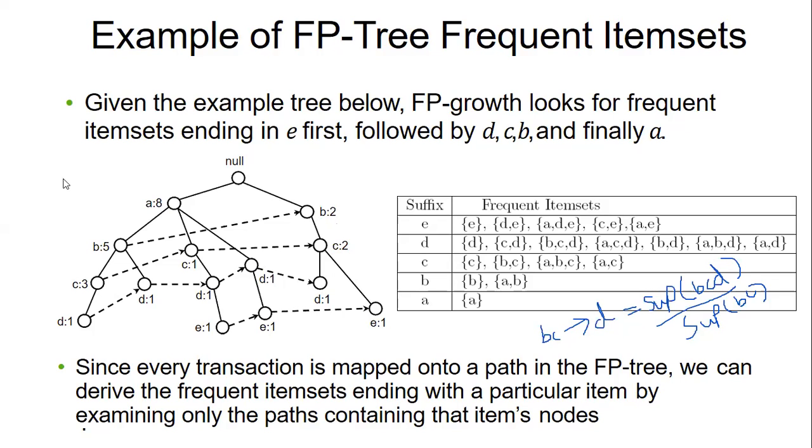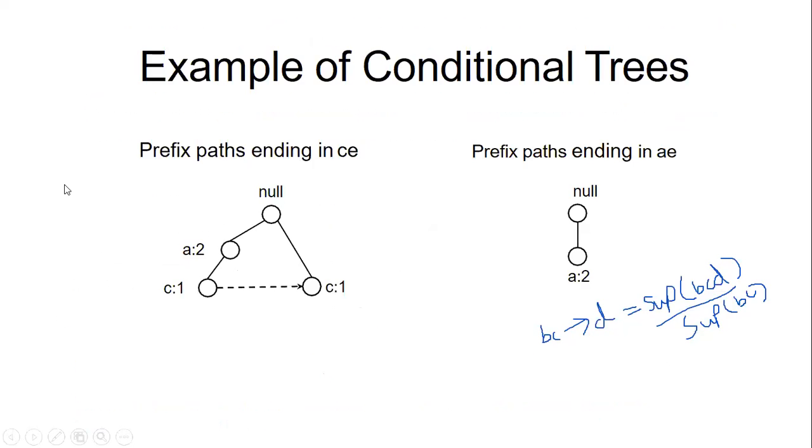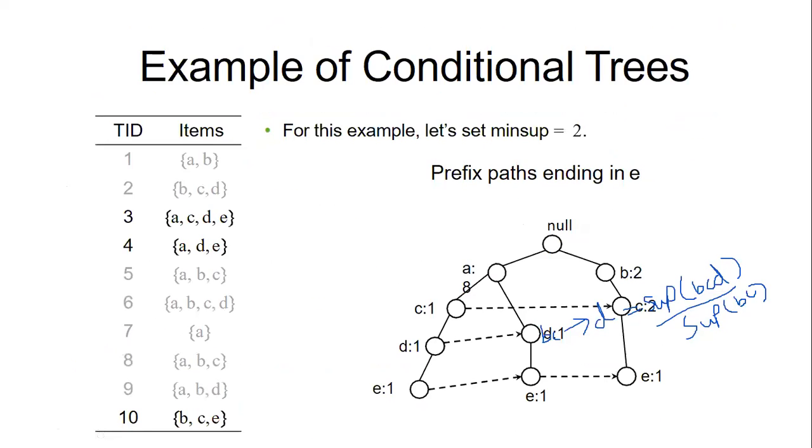We'll take BCD here. Here 1, here no BCD, here 2. So the support of BCD is 2, divided by BC. How many times BC? 1, 2, 3, 4.